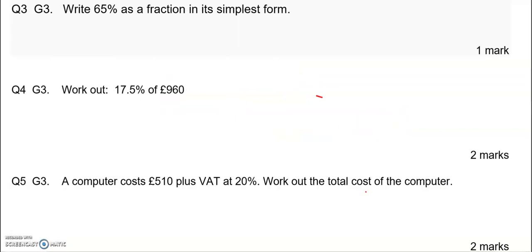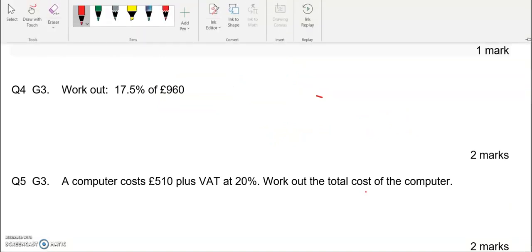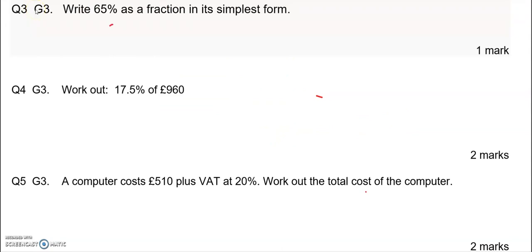Question number 3, we have write 65% as a fraction in its simplest form. So 65% is 65 out of 100, because percent means out of 100. We can simplify this further, and I can see that I can divide both of these two numbers by 5.